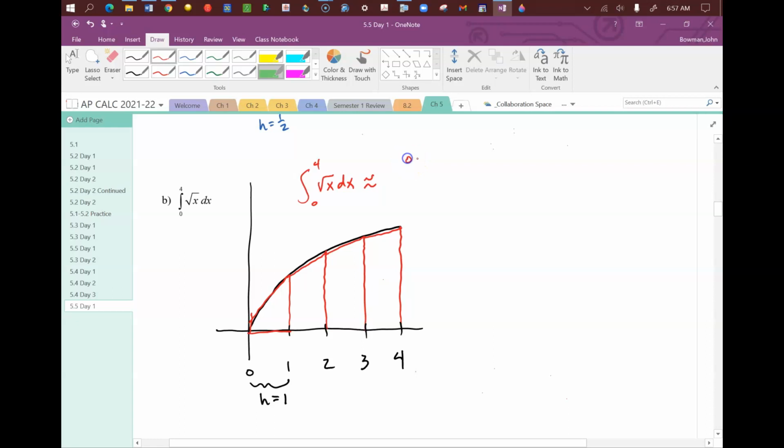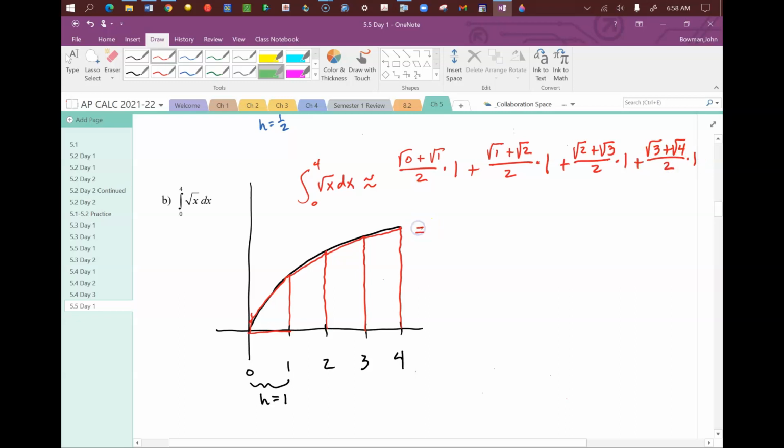So we have the square root of 0 plus the square root of 1 all over 2 times 1, plus the square root of 1 plus the square root of 2 over 2 times 1, plus the square root of 2 plus the square root of 3 all over 2 times 1, and then finally plus the square root of 3 plus the square root of 4 all over 2 times 1.